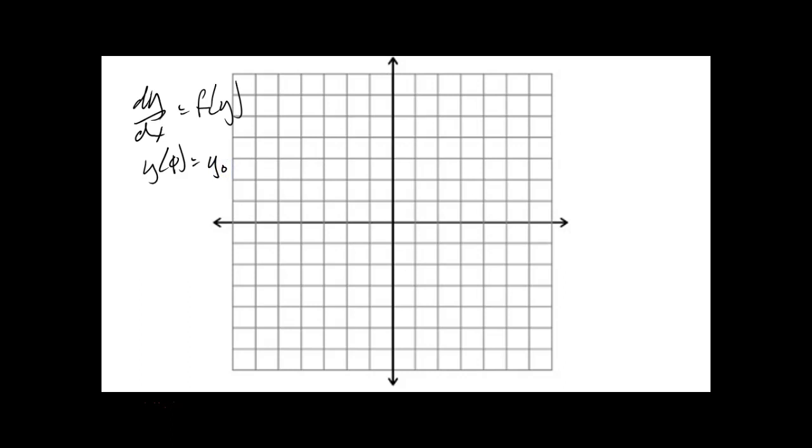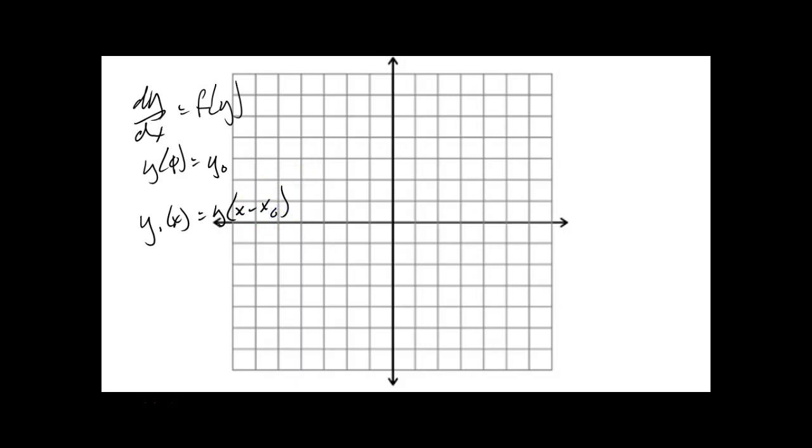Then y1 of x, equal to y of x minus x0. They called it k before, now they're giving it x0.